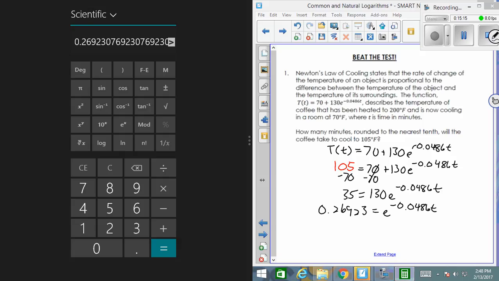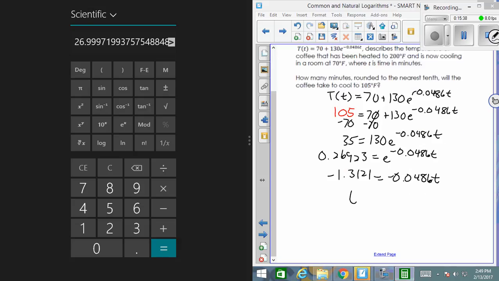I know since that's the base of e that I'm going to have to take the natural log, so I'm just going to hit ln. I get this number. And then I'm going to have to divide by the number that's in front of t. And I get that t is approximately 26.99, which rounds out to 27.